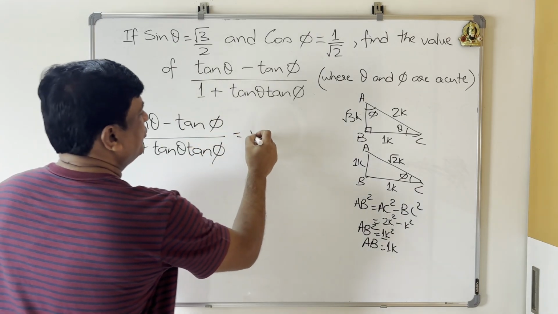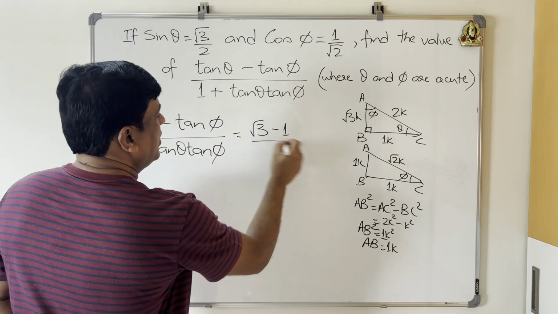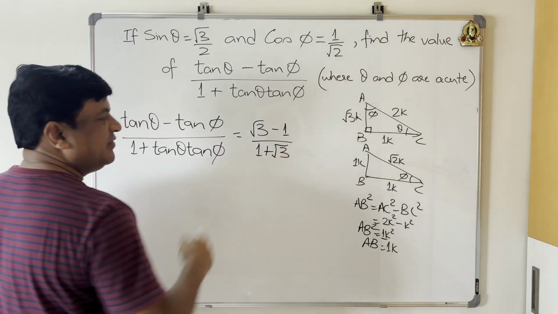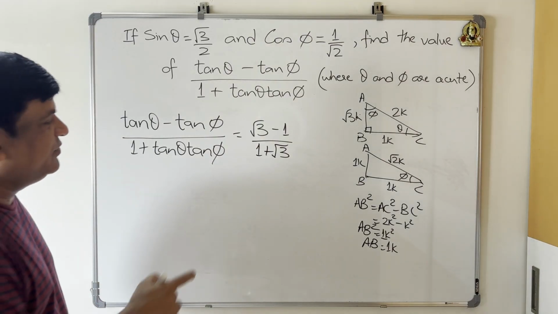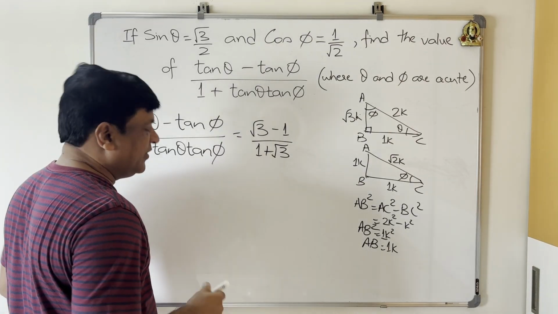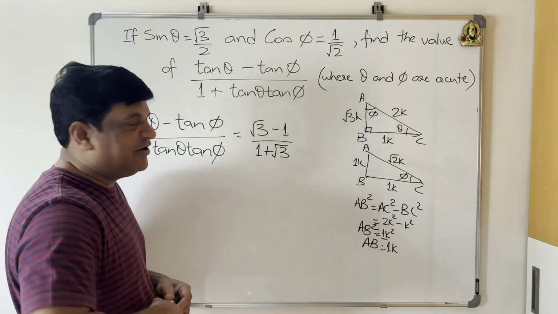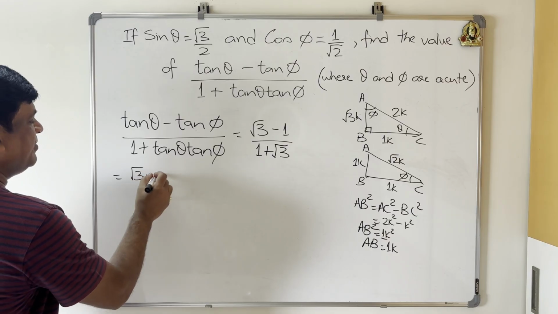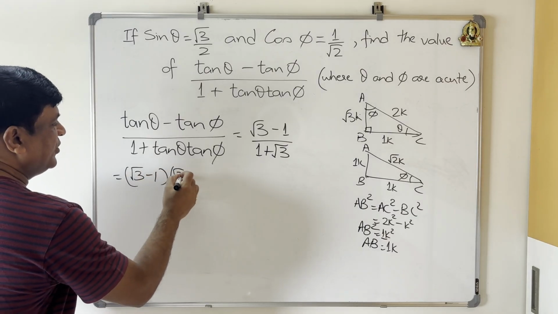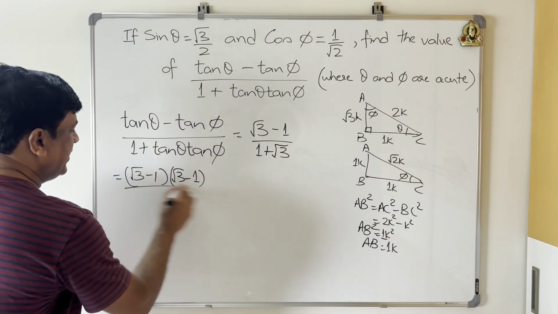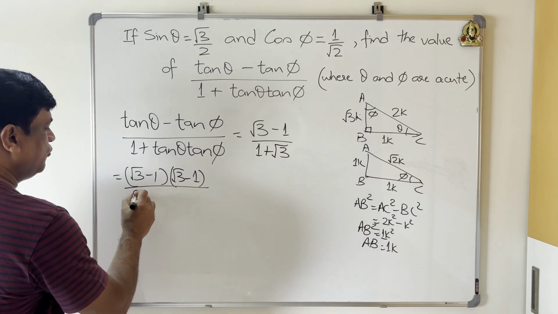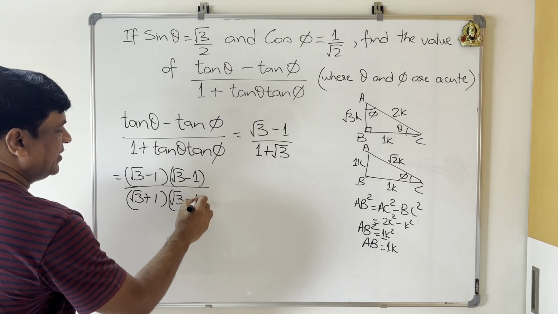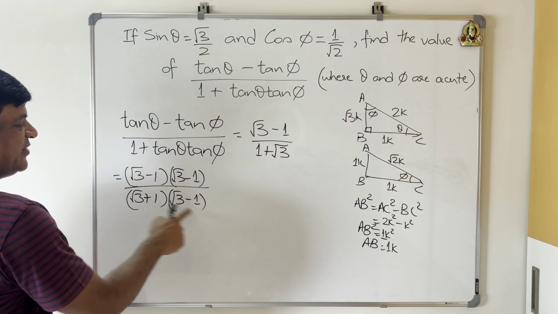So you have root 3 minus 1, and this becomes 1 plus root 3. You will not leave the answer that way, because what we are taught in surds is that you have to always rationalize the denominator. So let's go ahead and do it. I'm going to multiply root 3 minus 1 into root 3 minus 1, divided by the same thing, root 3 plus 1 multiplied by root 3 minus 1 again. So we are multiplying with the same factor to rationalize this.